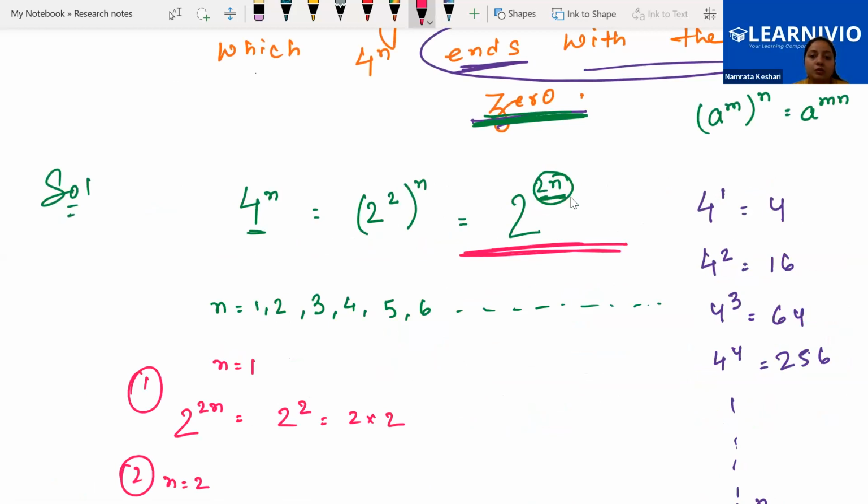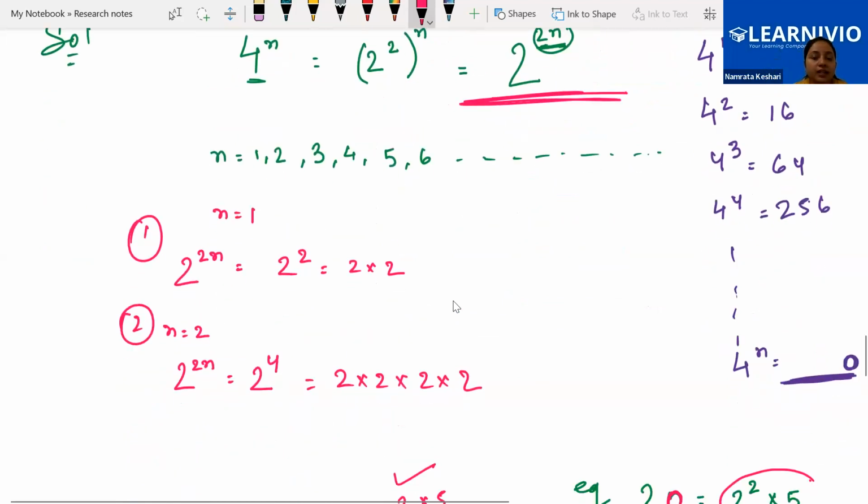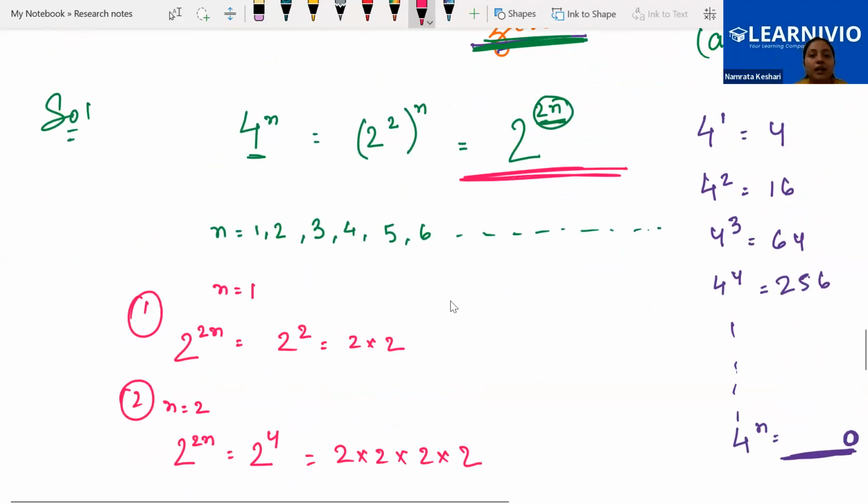Now 2 to the power 2n means 2 into 2 into 2, whatever be the number of times according to the natural number n. Since we are just getting 2, we are not getting 5, it will never ever generate last digit as 0.